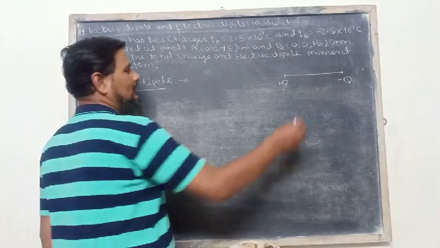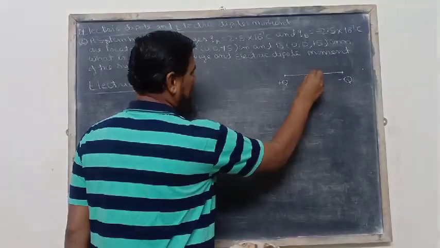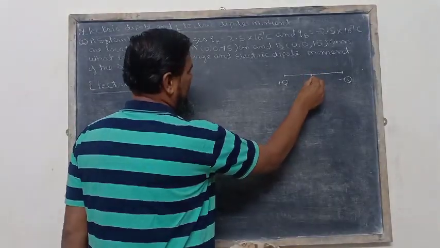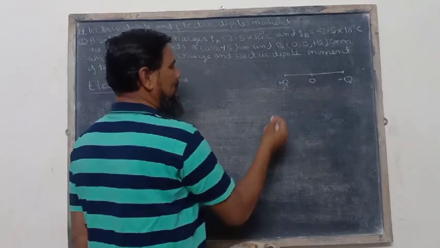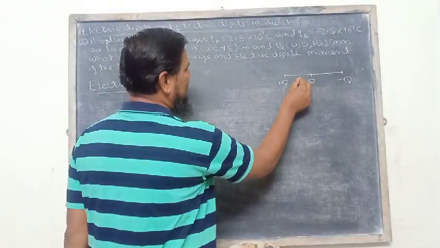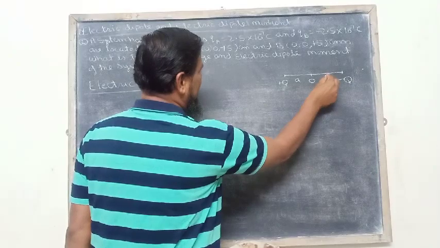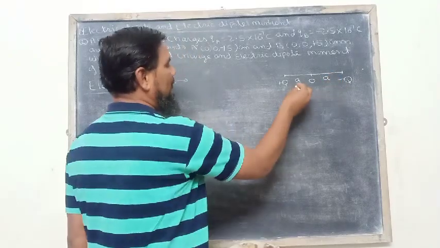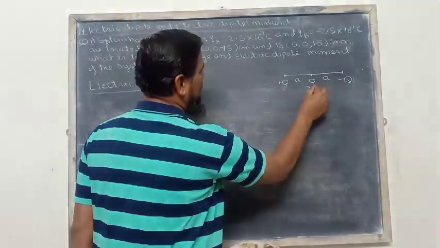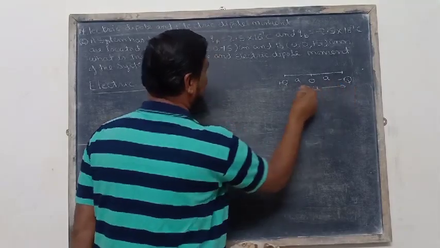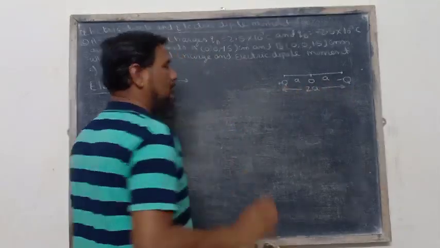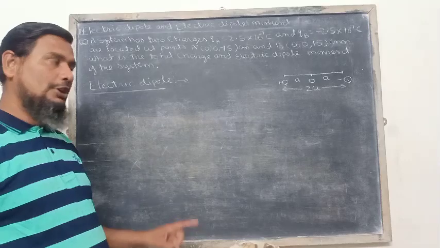This system of charges is called an electric dipole. If O is the midpoint of the dipole and the distance from the midpoint to each charge is A, then the total separation of the charges is 2A.